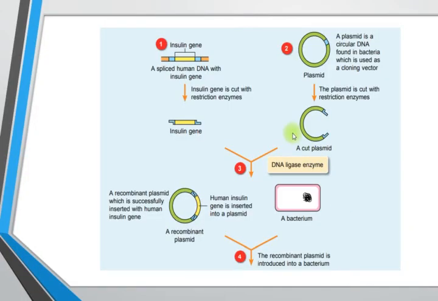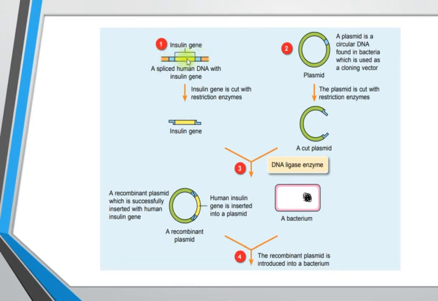Okay, so let's go to the production of insulin by genetic engineering technique. How is insulin produced in the genetic engineering technique, or DNA recombinant technology? This refers to the splicing of the human DNA with the insulin gene.